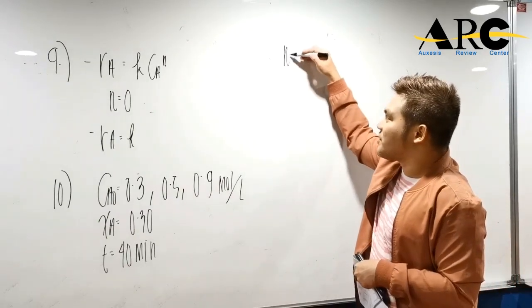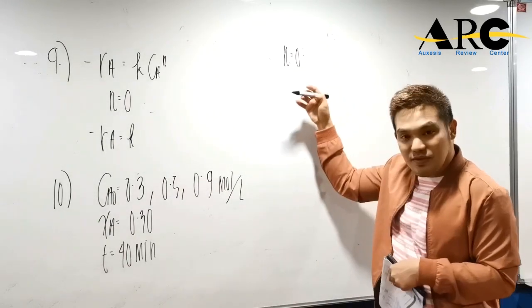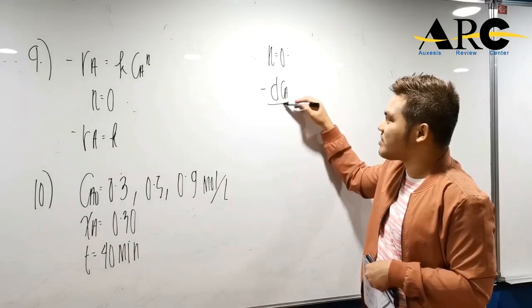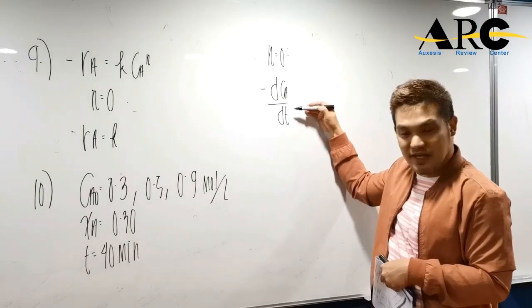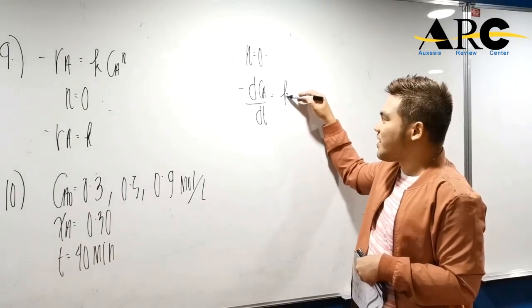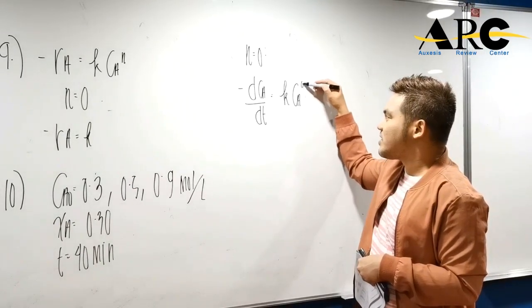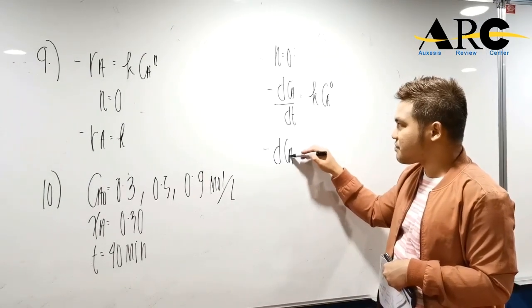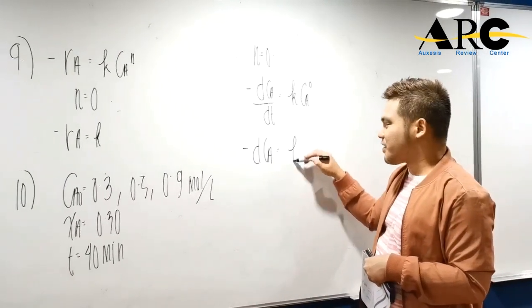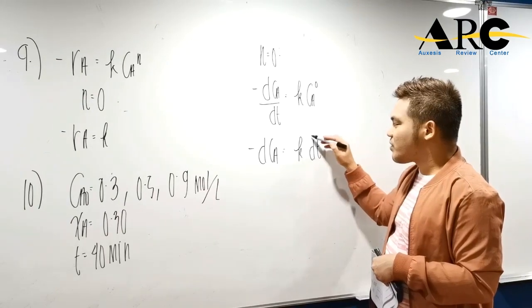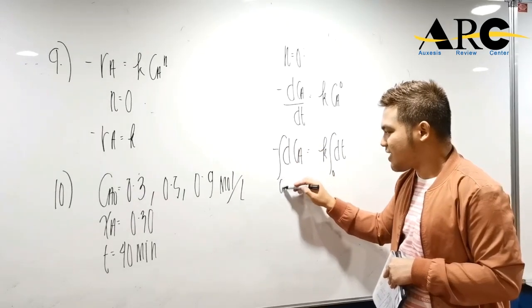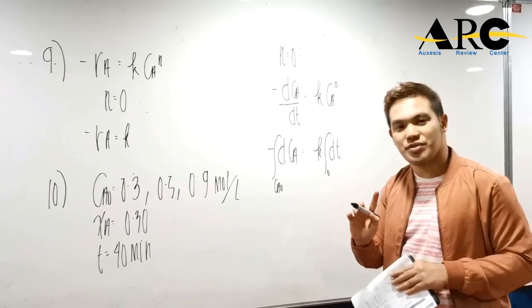So once na ang order ng reaction ay 0, alam naman natin that negative rA is negative dCA over dt. So we have k CA raised to 0. So negative dCA is equal to k dt. Alam naman natin at time 0, ang concentration natin is initial concentration.